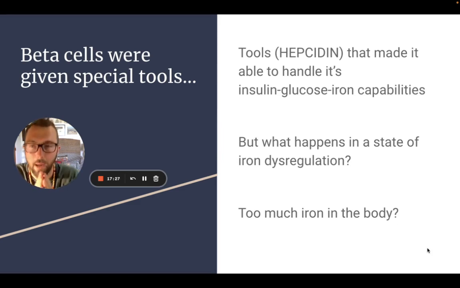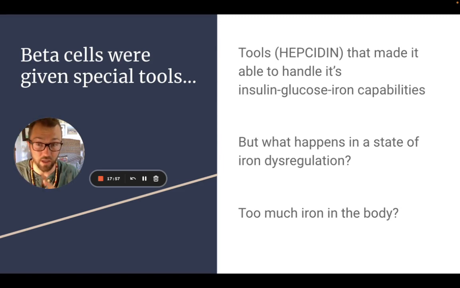So beta cells were given special tools. They have special responsibilities, right, with that ability to use insulin. So those tools, i.e. hepcidin, that made it able to handle the insulin, glucose, iron capabilities, give it specific responsibilities when it comes to handling a volatile iron, right? Because we know iron's important, it's reactive, but it is a pro-oxidant.